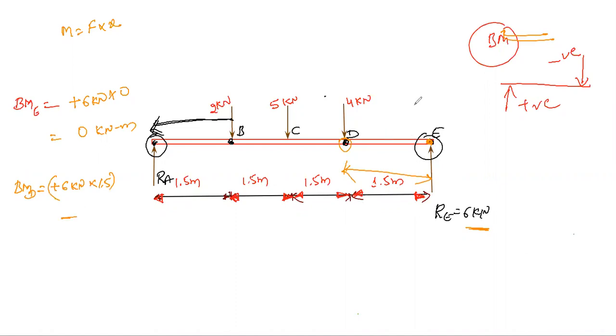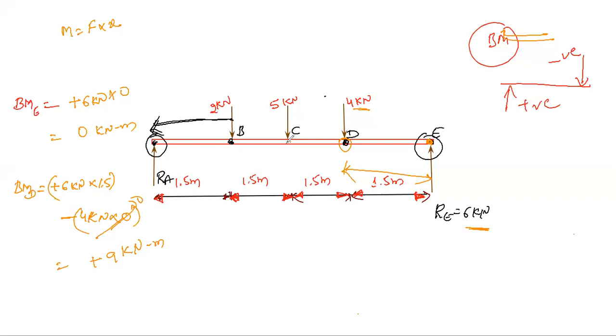Next, negative 4 kilonewton, which is acting at this point itself, so the distance is 0, and the entire thing gets 0. And what about this 6 into 1.5? 6 into 1.5 is 9 kilonewton meter.